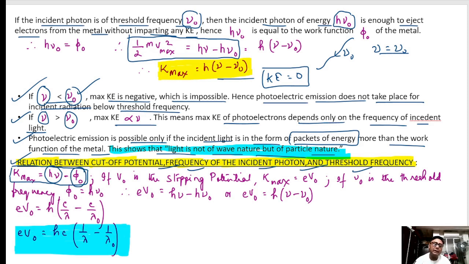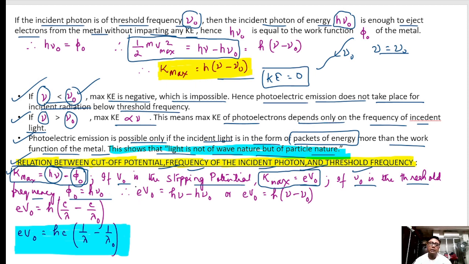So with the remaining energy, it comes out as kinetic energy. If V0 is the stopping potential, we can write this. So we are actually stopping the maximum energy electrons from reaching plate A. So the kinetic energy of the electrons will be eV0. Nu 0 is the threshold frequency. So we can write like this.